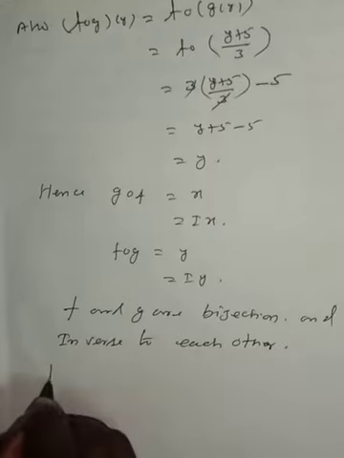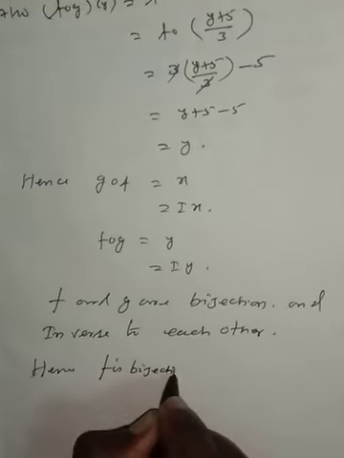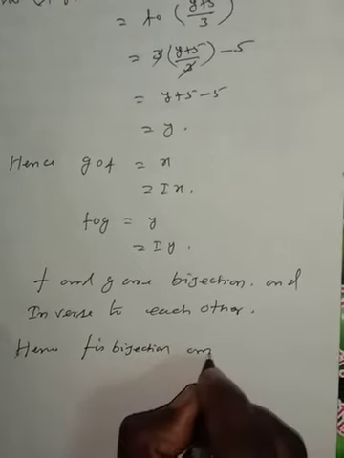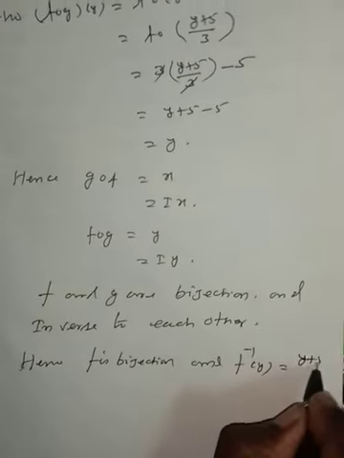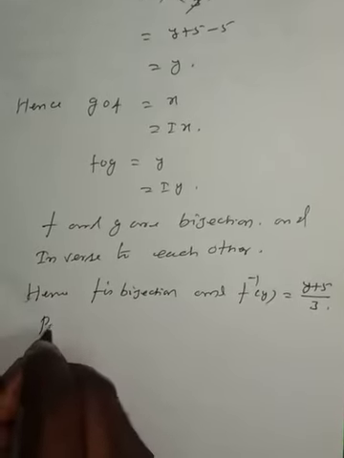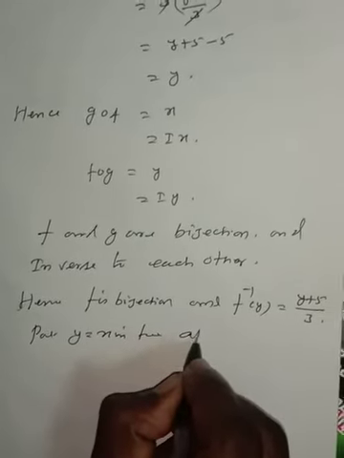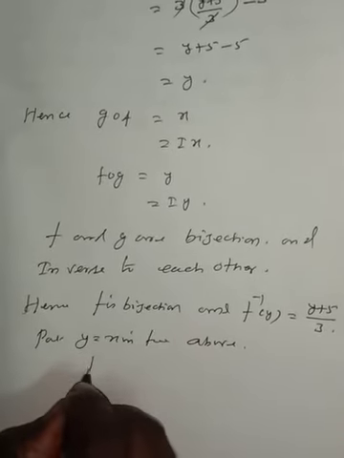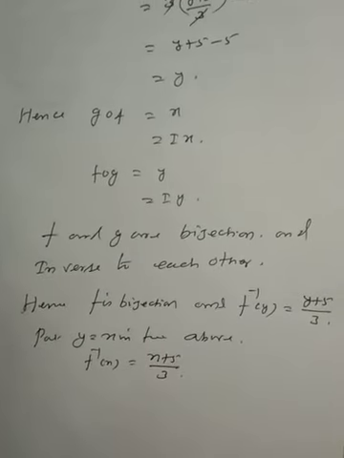Hence f is a bijection and f inverse of y is equal to (y plus 5) divided by 3. Put y equal to x in the above. We have f inverse of x is equal to (x plus 5) divided by 3.